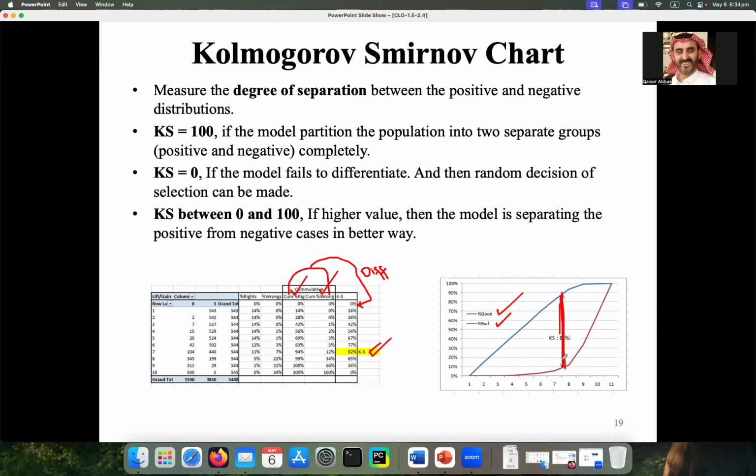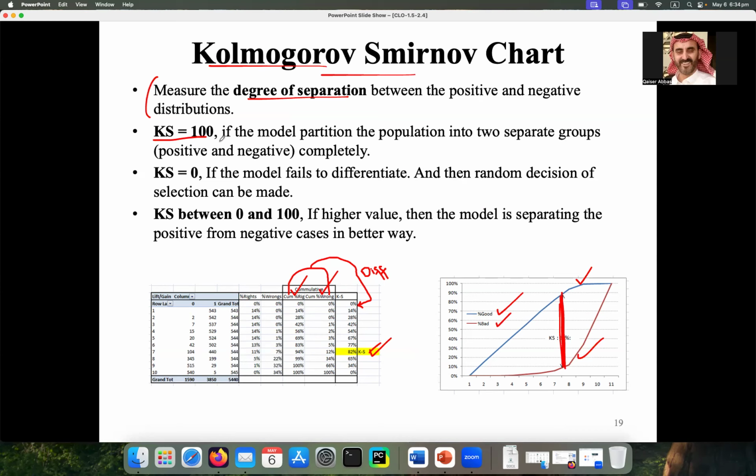This is the degree which this KS is measuring, that with this maximum degree, these two classes are separated. And this is what we said here, that this measure will measure the degree of separation between the two classes. Now, if your KS value is 100, what does it mean?